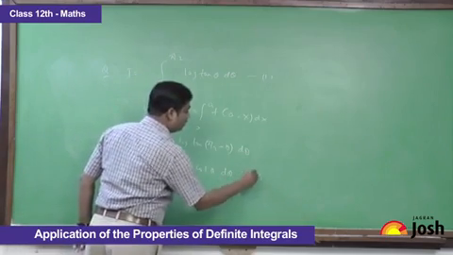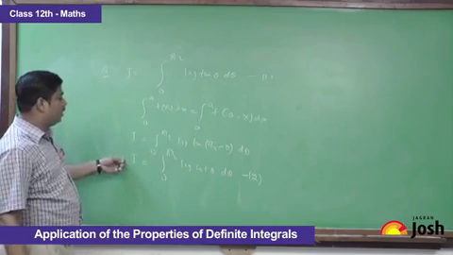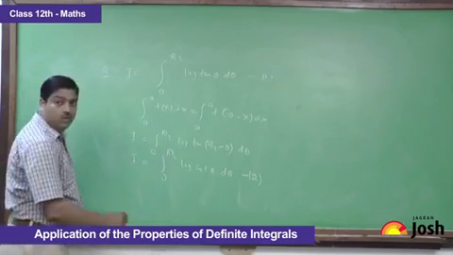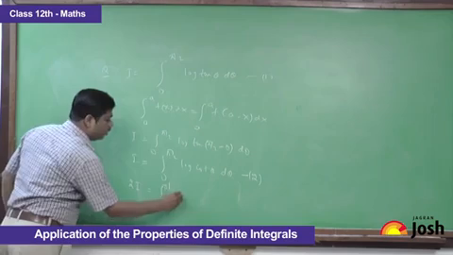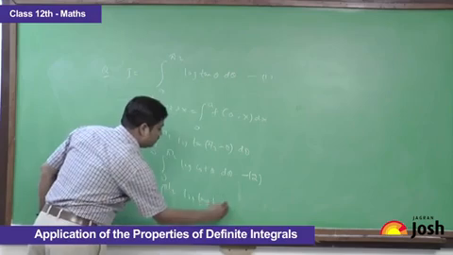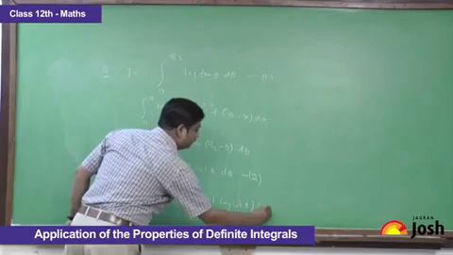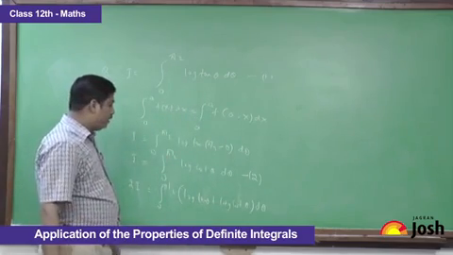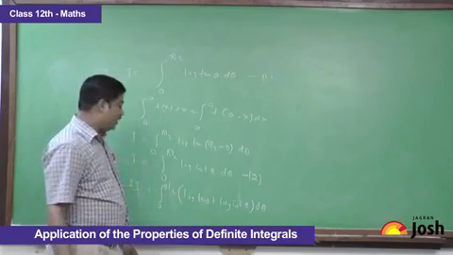Now let us add integral 1 and integral 2. They both are under limits 0 to pi by 2. So we get 2I is equal to integral 0 to pi by 2 of (log tan theta plus log cot theta) d theta. Now we know that log m plus log n is equal to log of mn.